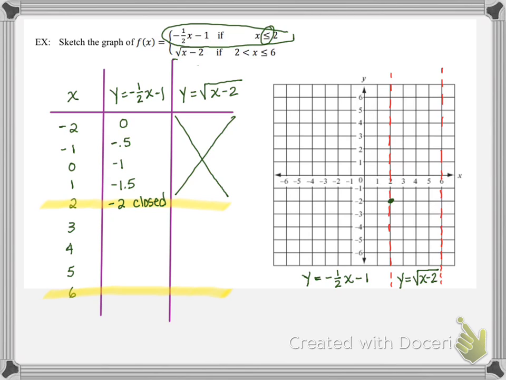And then this is a linear function, right? So I really just need one more of those points, but by all means you could plot them all. And then we'll draw a line.